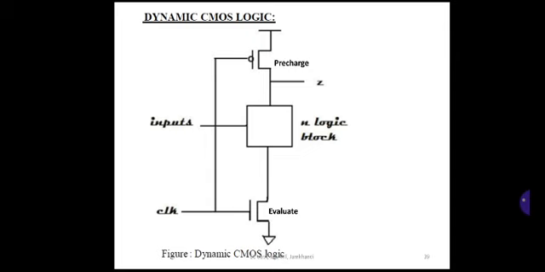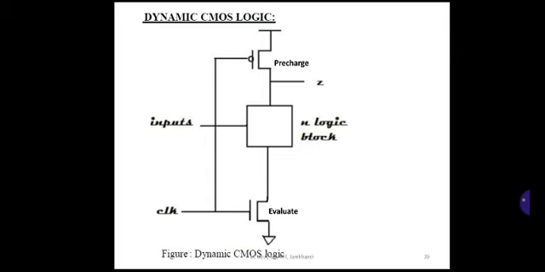So as you can see in the figure, it shows the dynamic CMOS logic. The dynamic CMOS logic consists of N plus 2 transistors. As you can see in the figure, an N logic block is required.